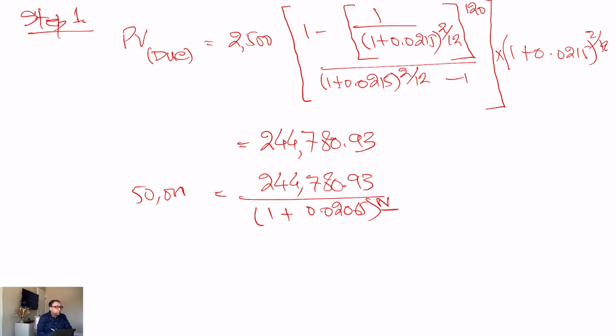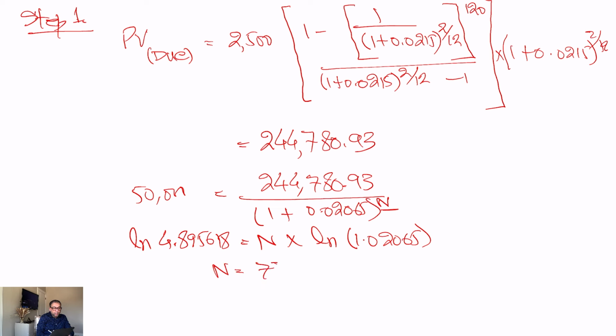And you remember that we have to solve it in a way that we take ln: ln 4.895618 is equal to n times ln 1.02065, and when you solve it, you get n equal to 77.801923 quarters.